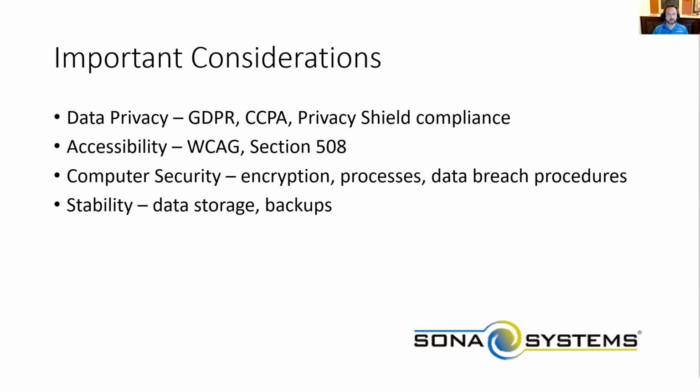Another is accessibility. What this means is for people who might be using a screen reader, maybe they're visually impaired, or they have mobility issues, they have trouble using a mouse, for example. Is what you're doing compliant with various requirements like WCAG and Section 508 that allow them to participate in your study? Maybe you've decided to exclude them.